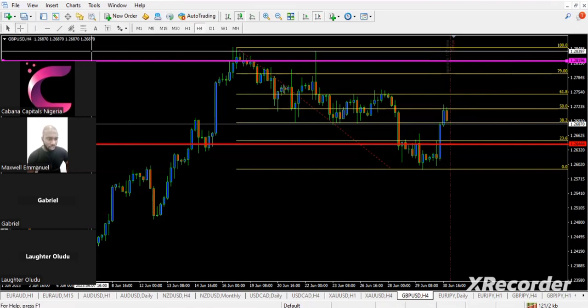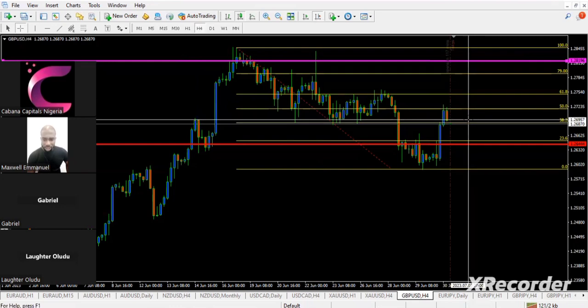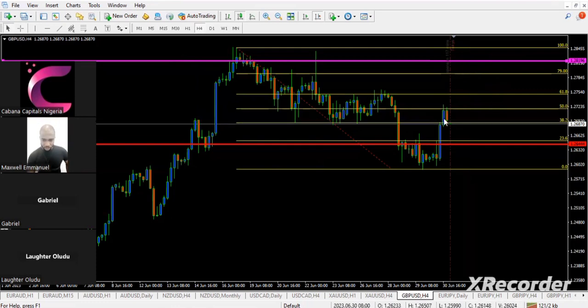So if you want to risk selling and you know there's a possibility for price to get to this level, setting your stop loss, let's say 10 pips above that level, the risk will be too high. So wait for price to pull back to maybe 61.8 to reduce the risk on the trade.